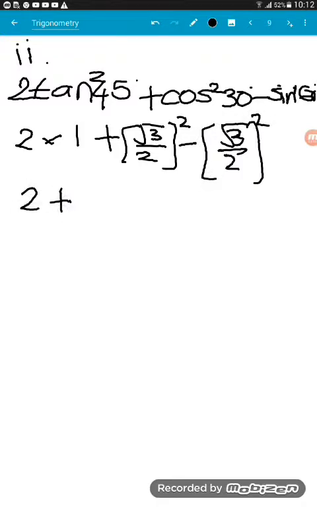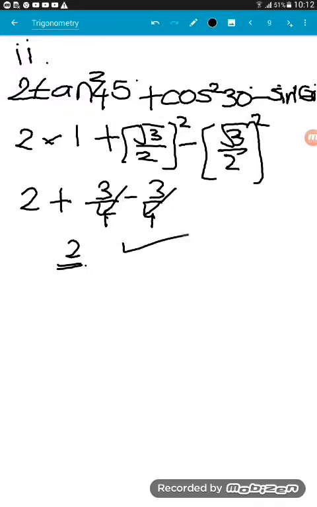So 2 plus 3 by 4 minus 3 by 4, therefore the value is 2. So the answer is correct. We'll check it back.